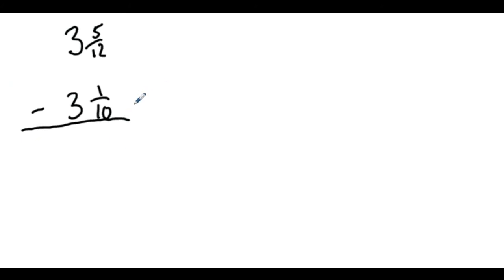Now let's estimate. 3 and 5/12. Remember, our 3 is not going to be affected by our estimation here because the whole number remains. It's the fraction that we're estimating. So let's begin. 5/12. Compare it. Between 0 and 12, where is 5? 5 is about halfway. 6 would be exactly halfway, and 5 is very close to 6.